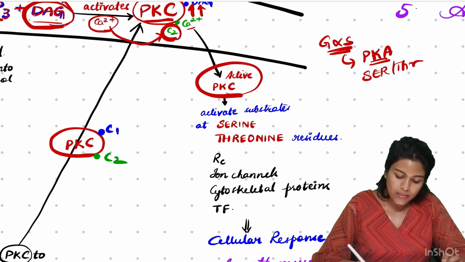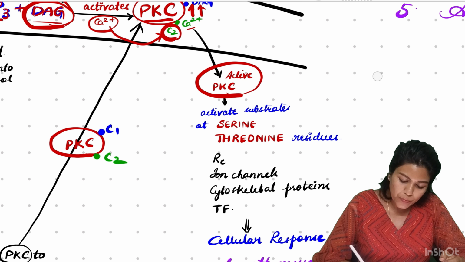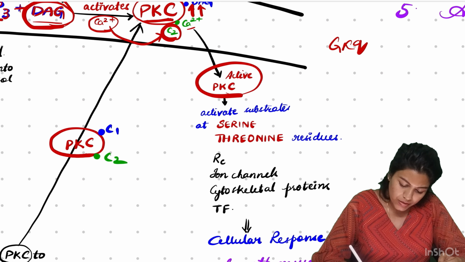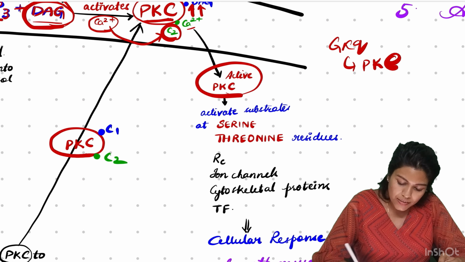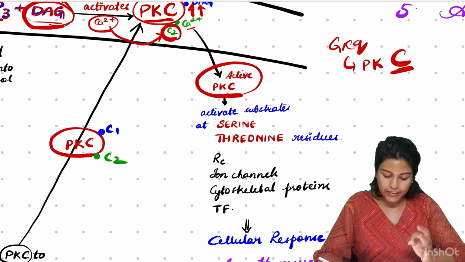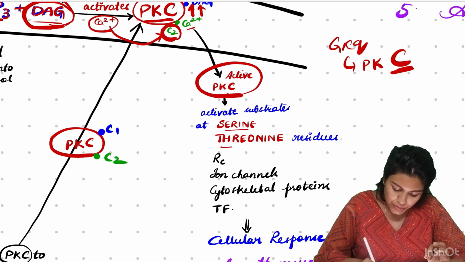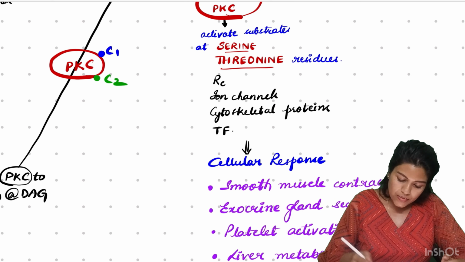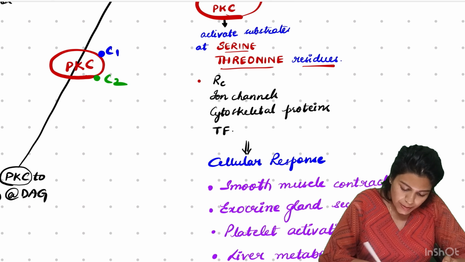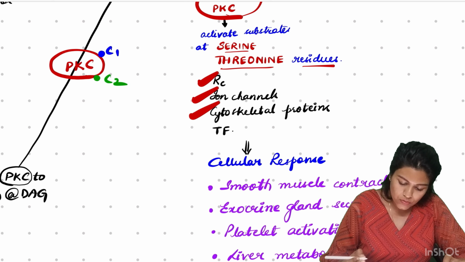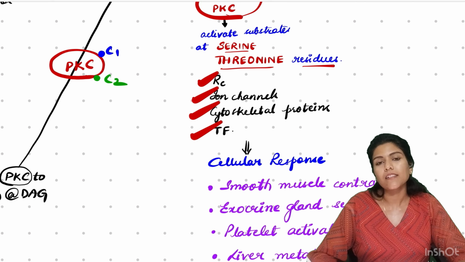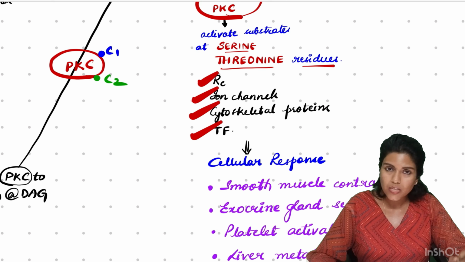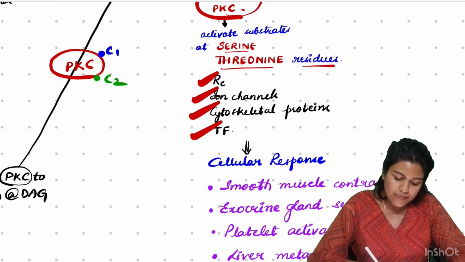Similarly, here in this G alpha Q pathway, it is protein kinase C that is adding the phosphate at serine and threonine residues. These residues are present in receptors, ion channels, cytoskeleton proteins, transcription factors. These are a few examples of substrates upon which the protein kinase C is acting.